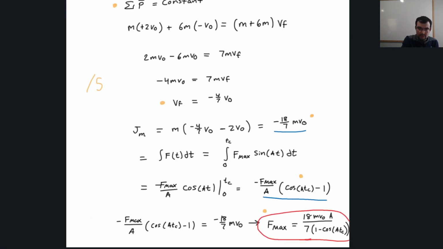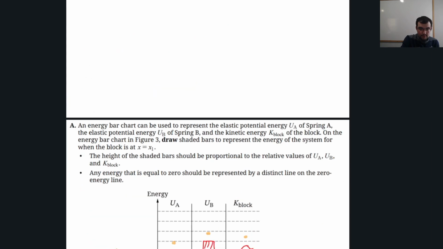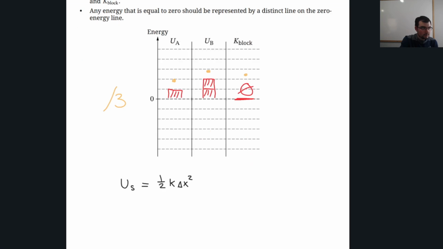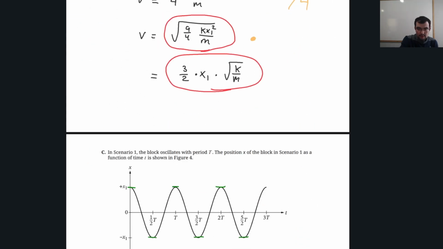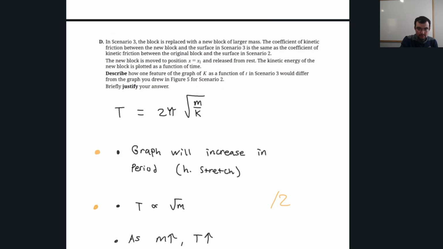Maybe miss a couple things with the impulse. The spring question, again, I thought that was also pretty straightforward. Nothing strange there. Get your 12 points on the TBR. Although the graph and I think C and D is where things start to get a little bit dicey, perhaps, for the spring question.